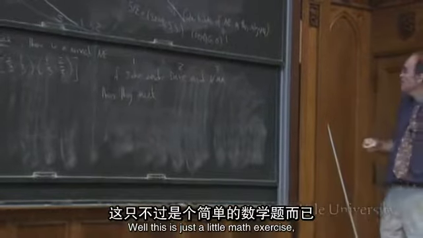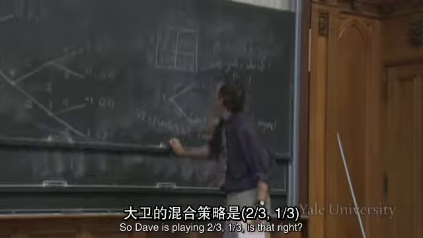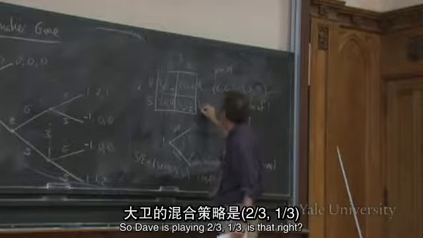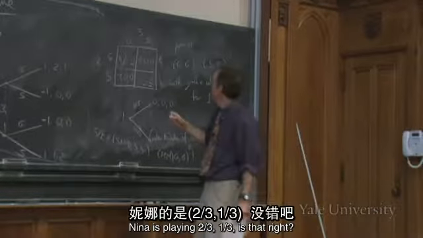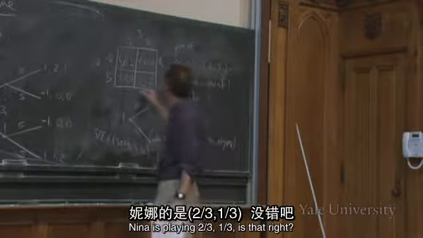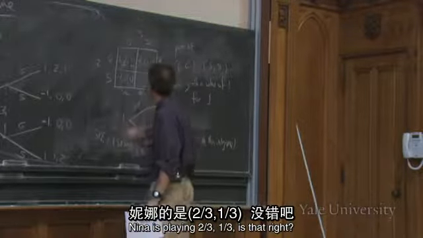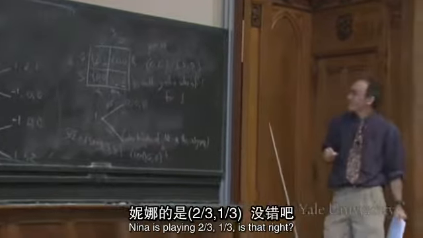Well, this is just a little math exercise. Let's have a look at the game again. So Dave is playing 2/3, 1/3, is that right? And Nina is playing 2/3, 1/3. All right, is that right?